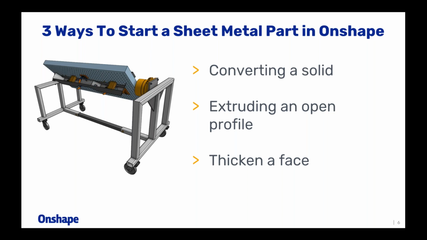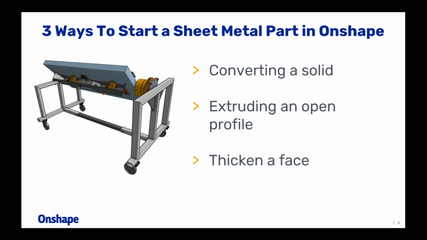The first and one of the most common is converting a solid. So oftentimes, especially in scenarios like designing sheet metal enclosures, I might model a solid block, let's say, or a shape to reflect that enclosure. Well, you can take that solid shape and convert that into a sheet metal part. That's one of the first techniques. The second technique is extruding an open profile.